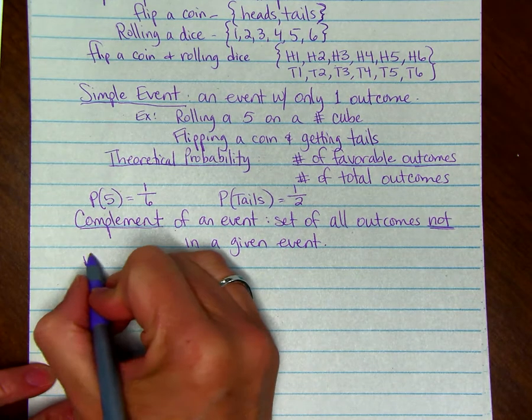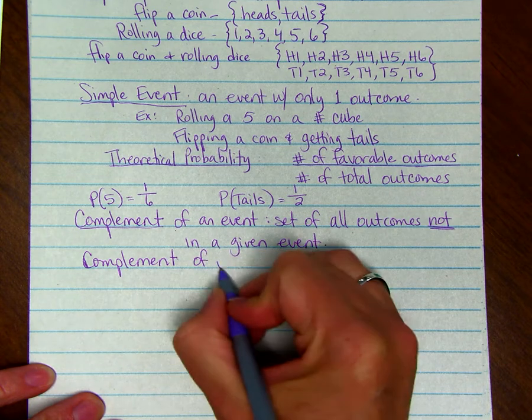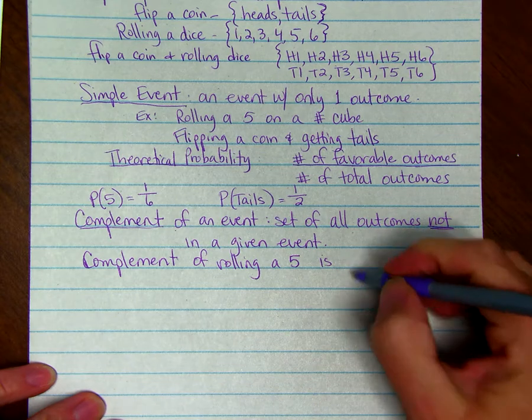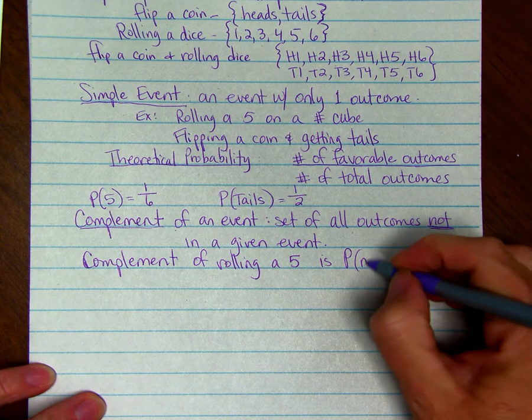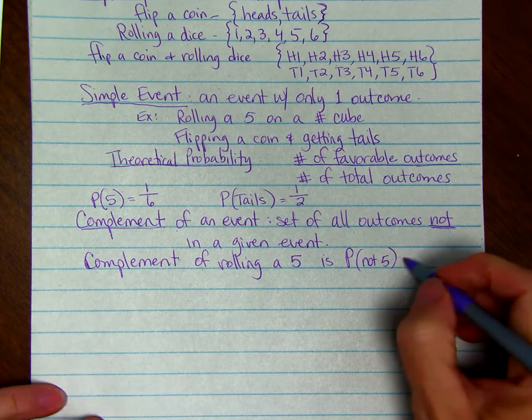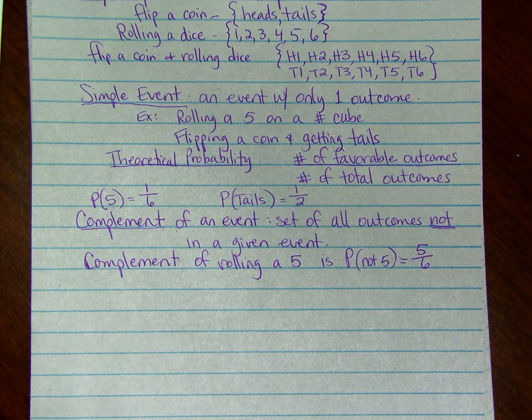So the complement of rolling a 5 on a number cube is the probability of not 5. So every other number but 5, and there are 5 of those, and there are 6 total numbers that you could roll.